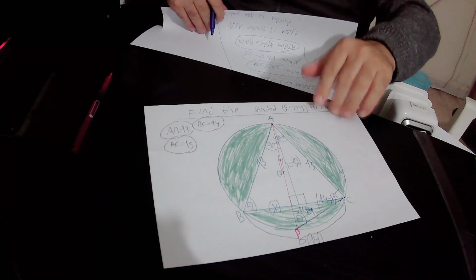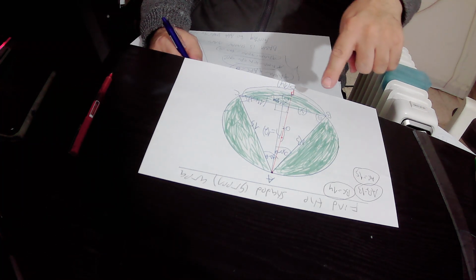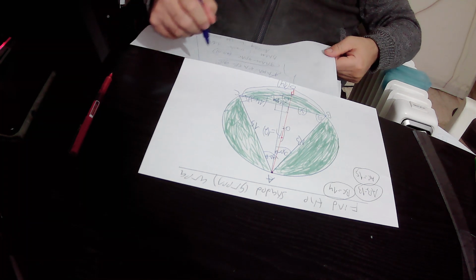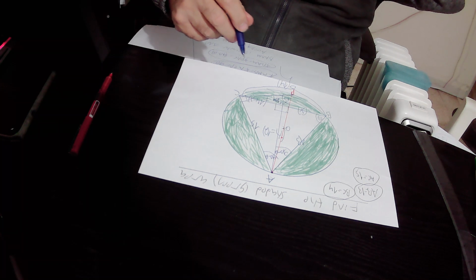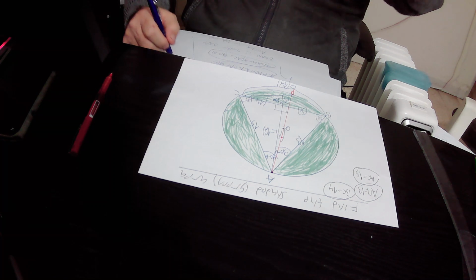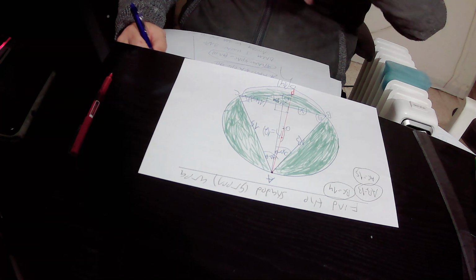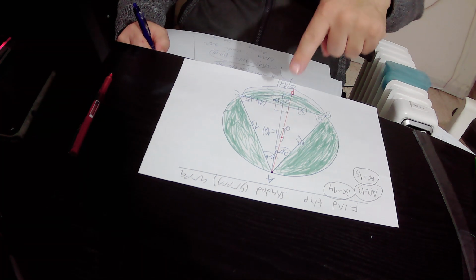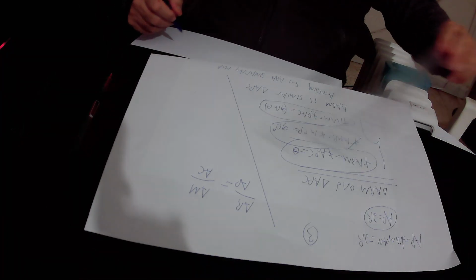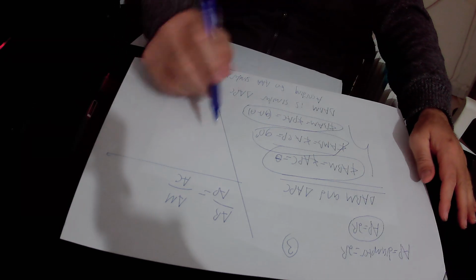We derive that side AB of triangle ABM over side AP of triangle APC is equal to side AM of triangle ABM over side AC of triangle APC. Repeat again, from the fact that triangle ABM is similar to triangle APC, we derive that AB over AP equals AM over AC.